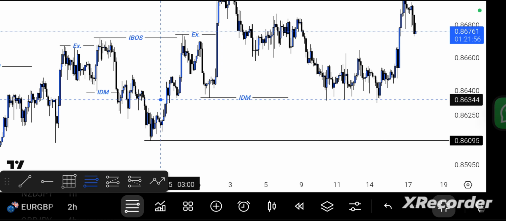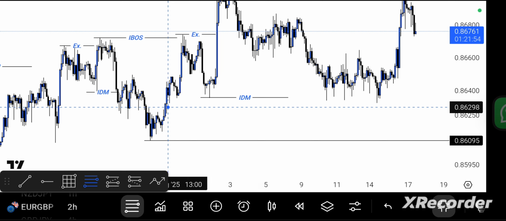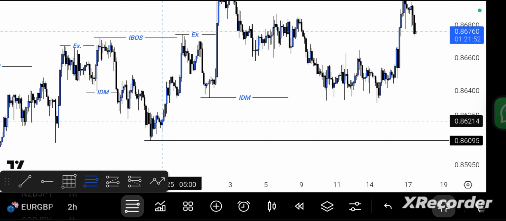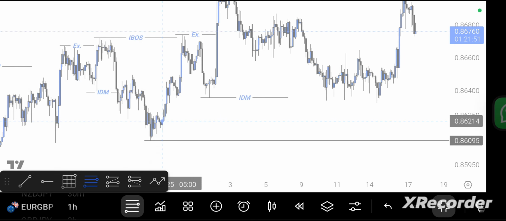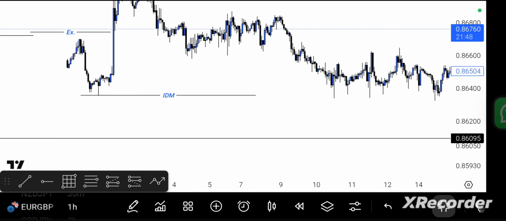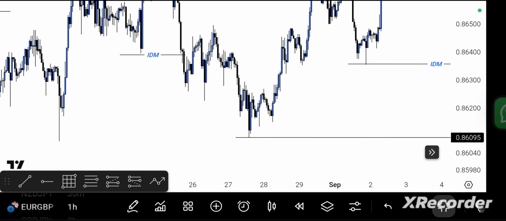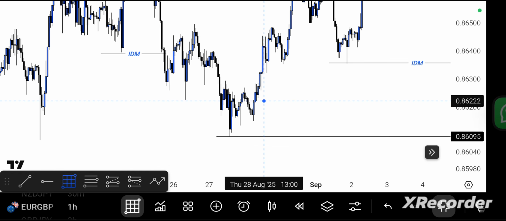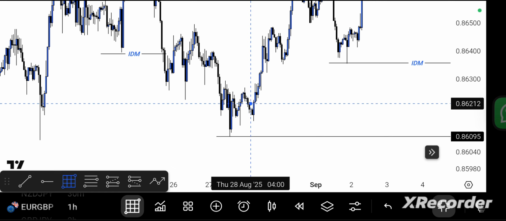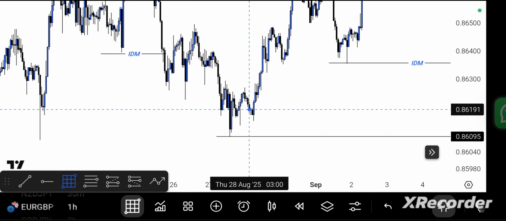So beneath this zone, I can't really find an order block. So let's go to the 1 hour time frame to check where. So right here on the 1 hour time frame, the order block I can see, the imbalance I can see is this one. So this is the order block that caused that imbalance.